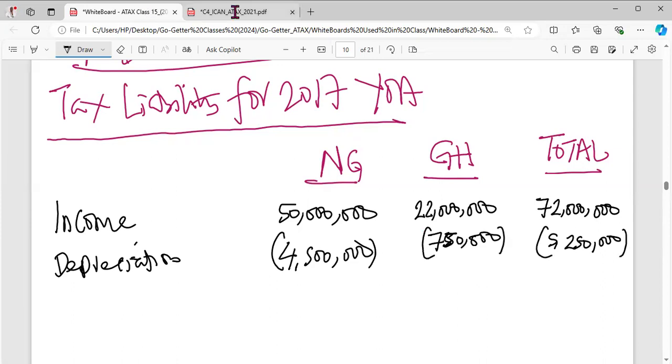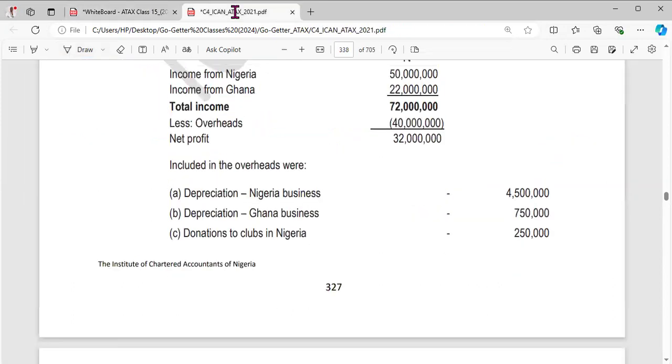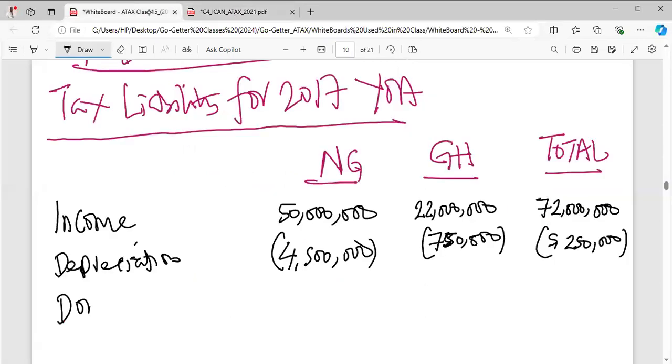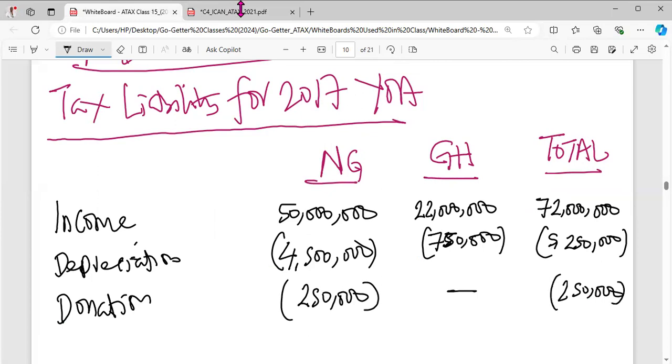All right. Then we have donations, 250. It's a Nigerian donation. There's a dash here for Ghana.